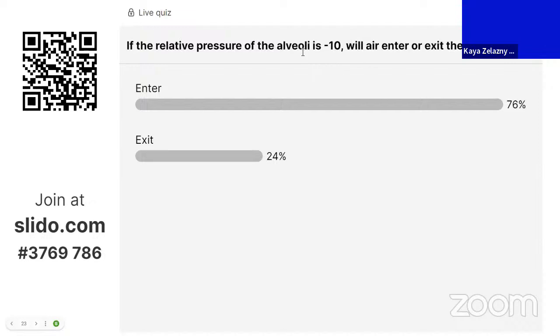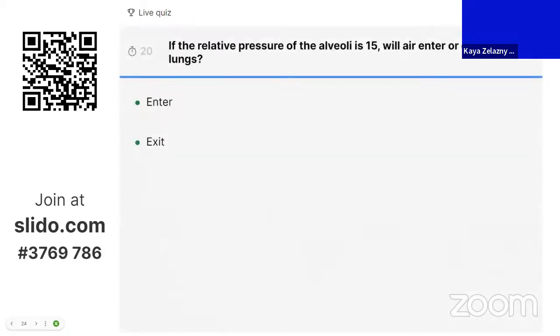Anytime we have a negative number, that's telling us we have a low pressure environment in the alveoli. So this is the exact same example as the previous question. We've just changed it to be a relative pressure. So we're still breathing in. We're 10 millimeters of mercury below that 760 atmospheric pressure, so air is entering the lungs now.